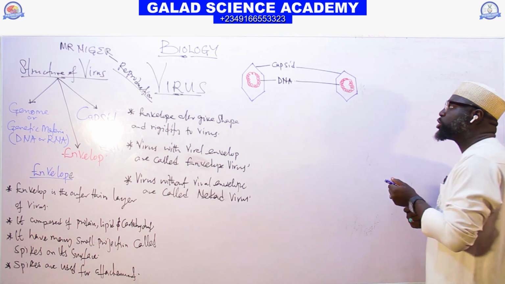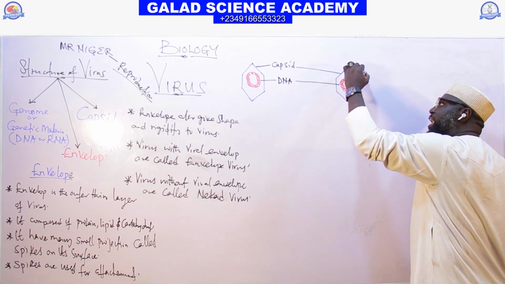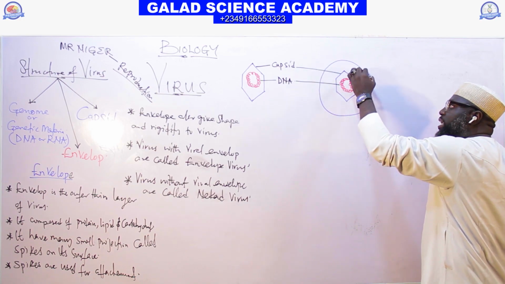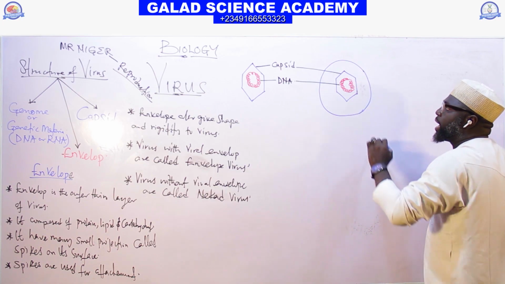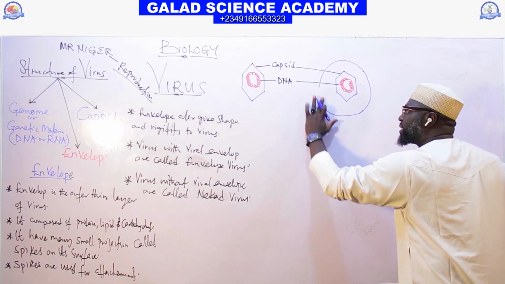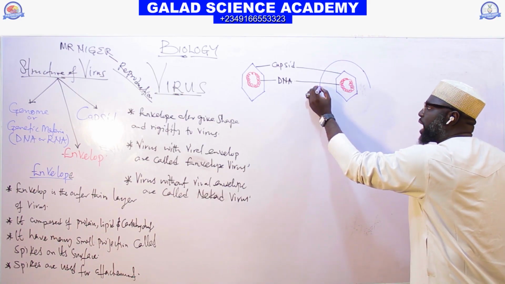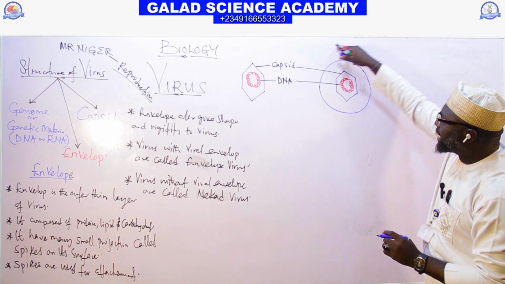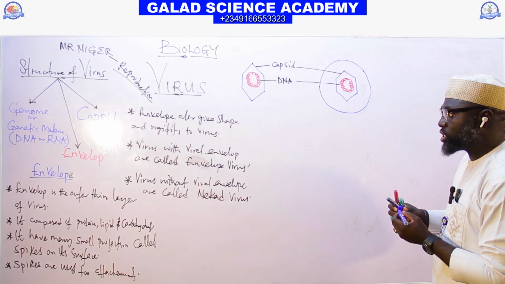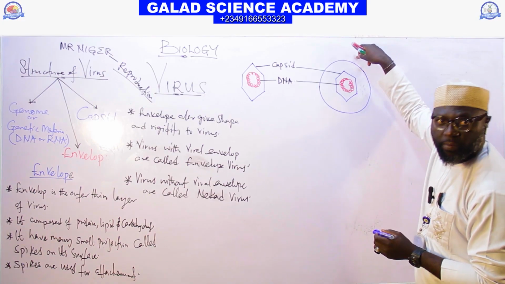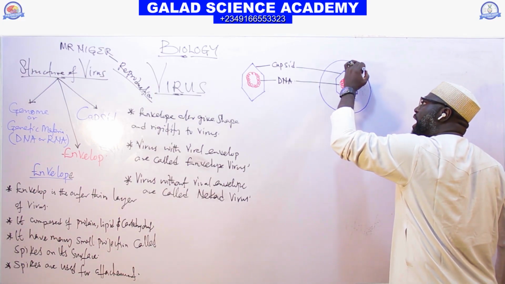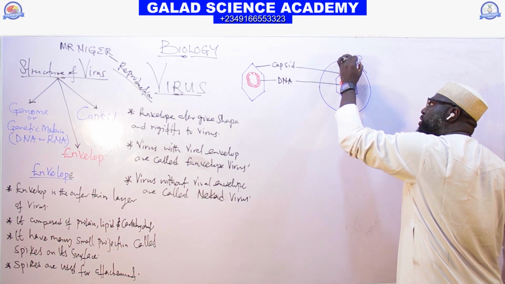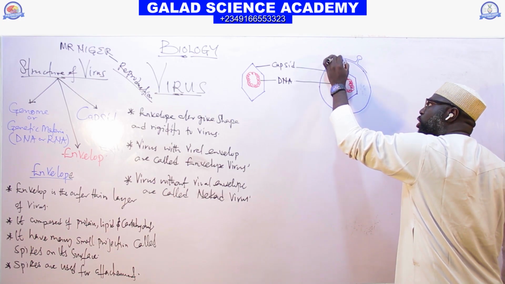But assume this virus we have here is surrounded by another layer. Can you see it? Don't mind my circle. It's surrounded by another layer like this. This layer that surrounds the virus is what we call the envelope. Can you see the layer?